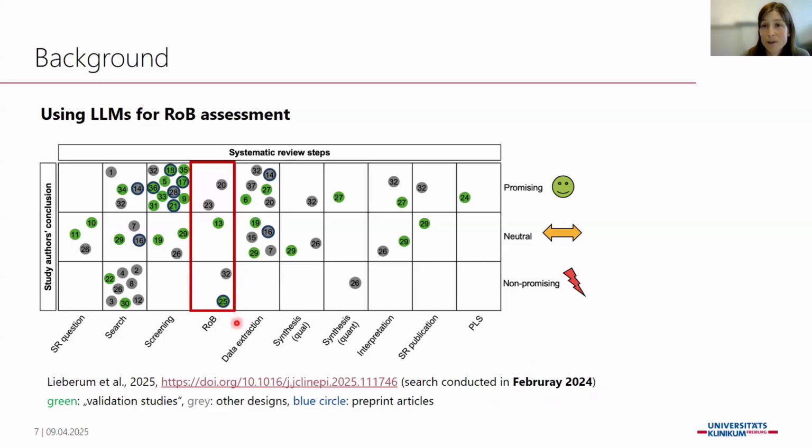What is also maybe interesting is that how promising the conclusions of the authors were was quite variable. We had two non-promising approaches, but also two promising. So it's not really clear from this work how promising risk of bias assessment is.